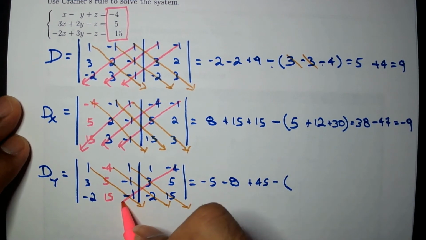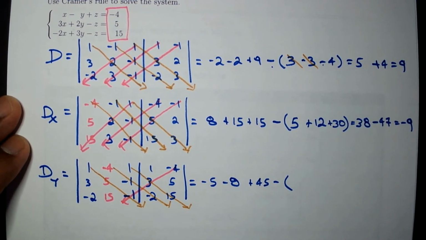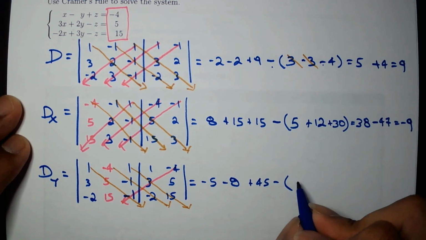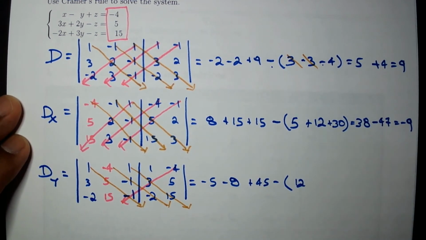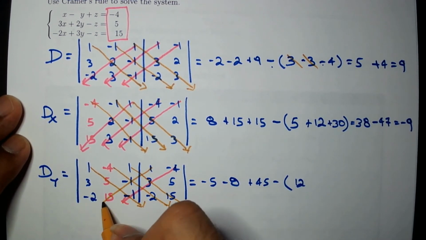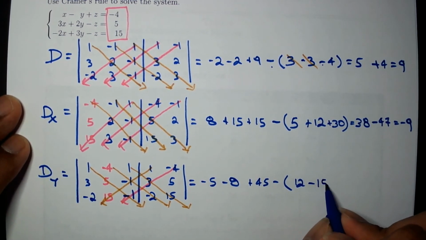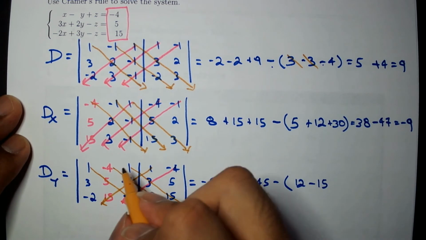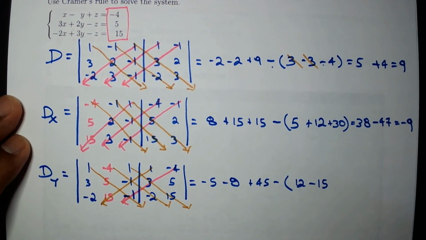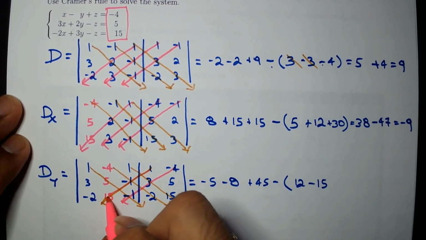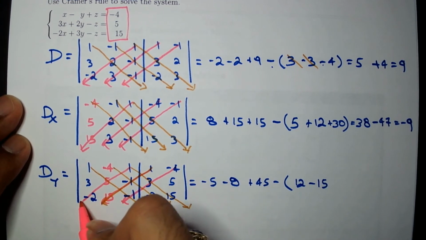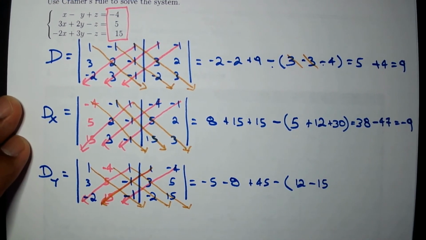Negative 4 times 3 times negative 1, that's positive 12. 1 times negative 1 times 15, that's negative 15. Last but not least, 1 times 5 times negative 2, that's negative 10.